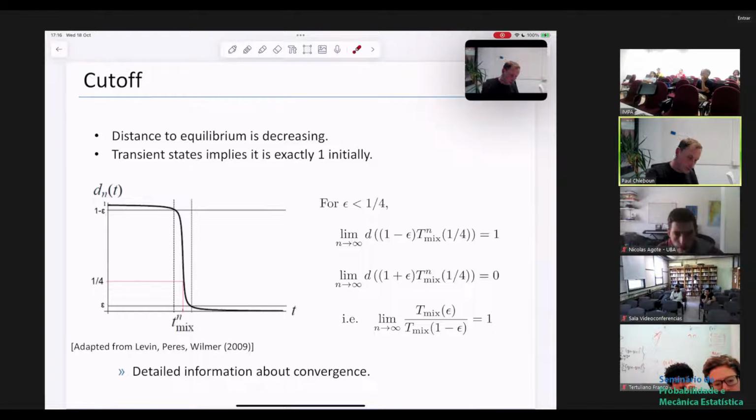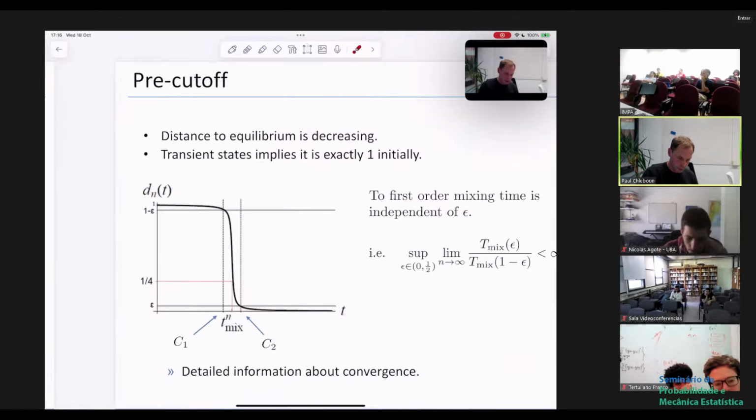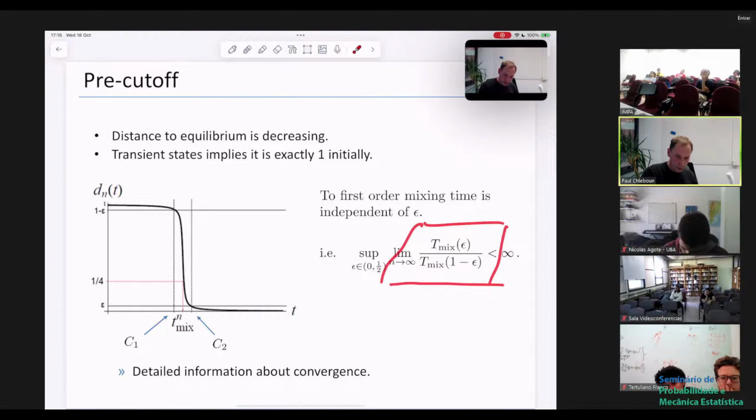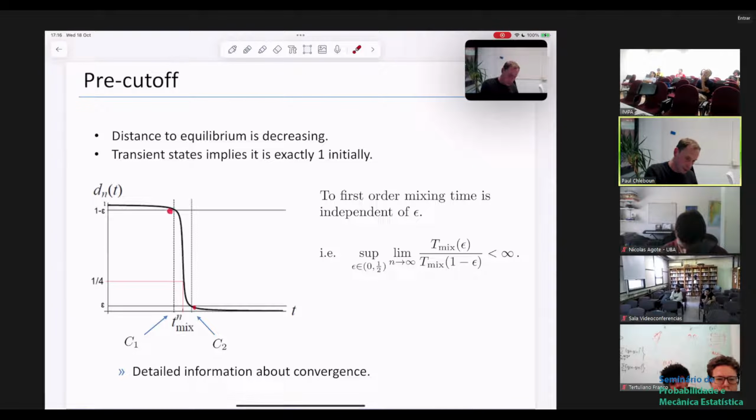For none of the situations I've described so far can we show something as strong as cutoff, but we can show pre-cutoff, which is necessary but not sufficient for cutoff. In particular, the ratio of the mixing times at epsilon and 1 minus epsilon is bounded uniformly in epsilon.